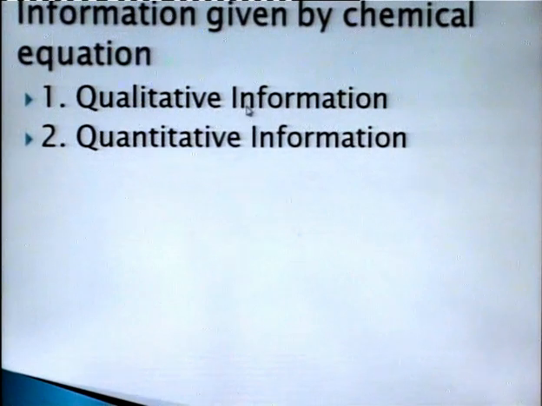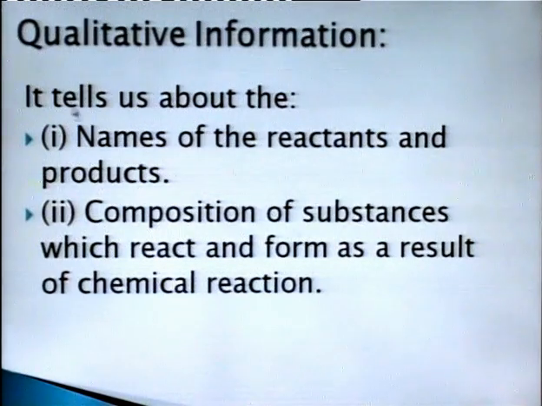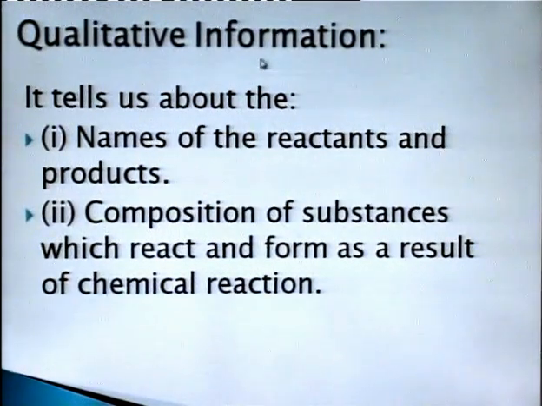Qualitative means we will get just quality of the various reactants and products, and in quantitative we can get the quantity of reactants and products involved in that particular reaction. Now let us discuss these two types of informations one by one. First is qualitative information.